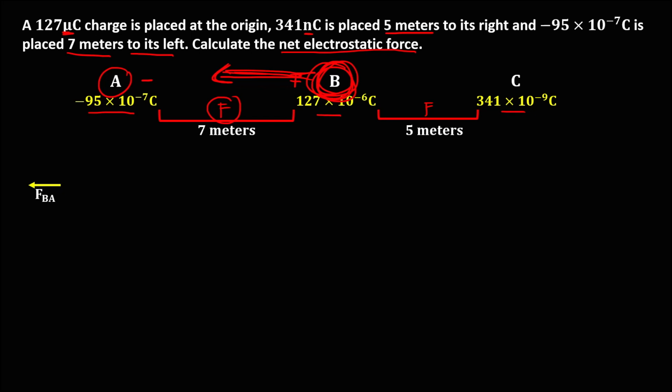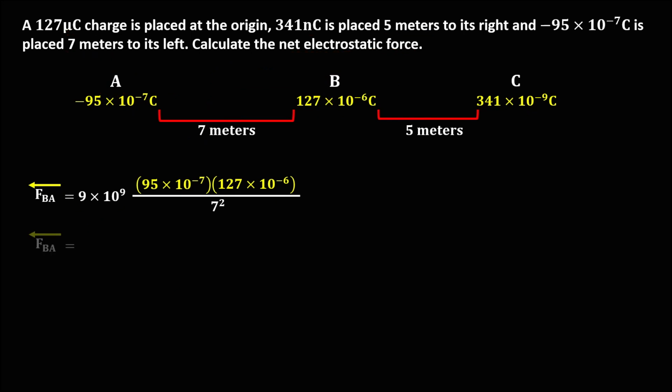Then to find the force between A and B, using Coulomb's law, we have k, and this is the standard value for k, 9 times 10 to the power positive 9, times the first charge, 95 times 10 to the power negative 7, times the second charge, 127 times 10 to the power negative 6, then over the square of the distance, that's 7 squared.